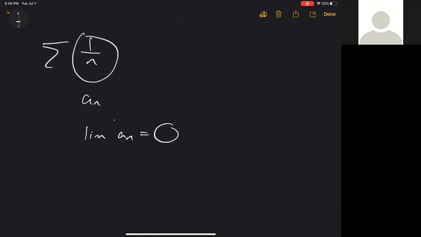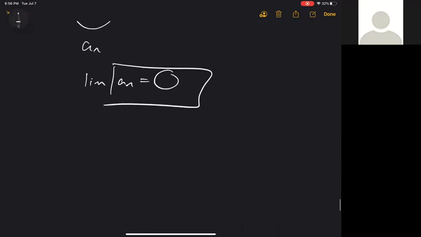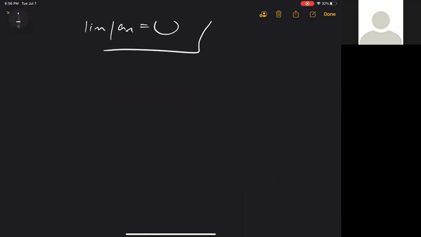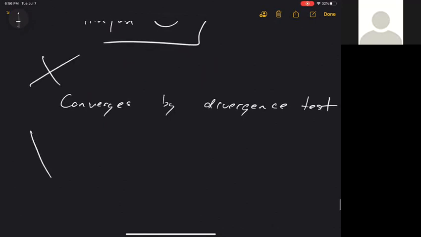So just because this limit equals 0, that doesn't necessarily mean the series is going to converge. So you should never say something like converges by divergence test. This is not a thing, okay? Don't do this. Super bad.